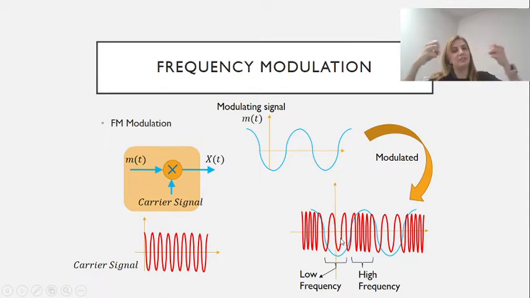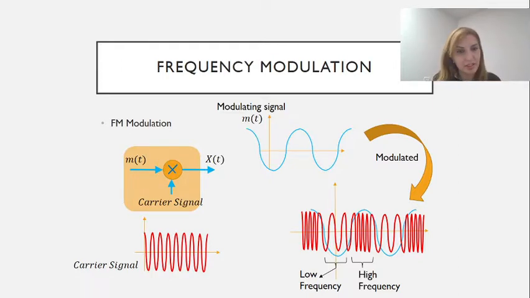So the wave is expanded, so it's less frequent. Again, when my wave is going upward to the positive side, to the maximum of my blue wave, my carrier signal is changed accordingly, and it is squeezed again, so a lot more frequency.